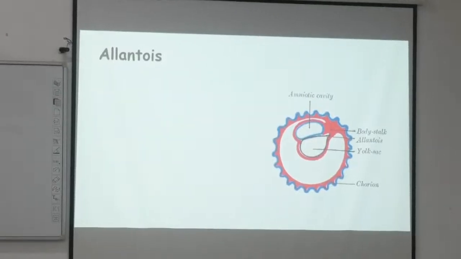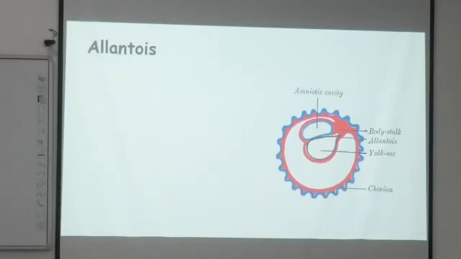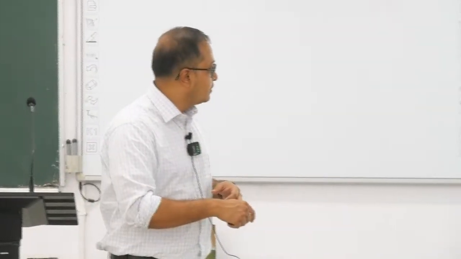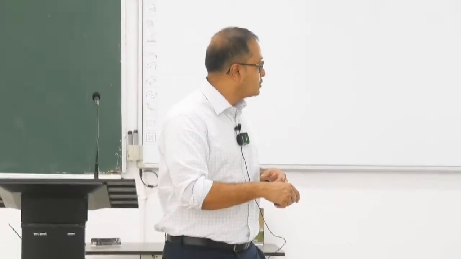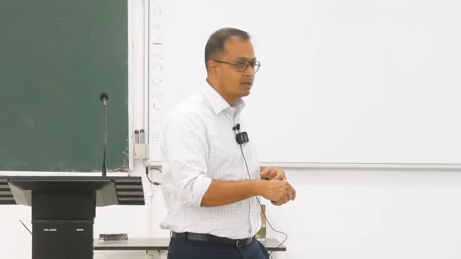So, we have the germ disc in the central part, the amniotic cavity filled with fluid in the upper part, and in the lower part the yolk sac, primary or secondary yolk sac. This yolk sac has a connection towards this part, the connecting stalk. The connecting stalk, we know, is going to become the umbilical cord in the future. Now, on this yolk sac you see there is a pouch extending towards the connecting stalk.